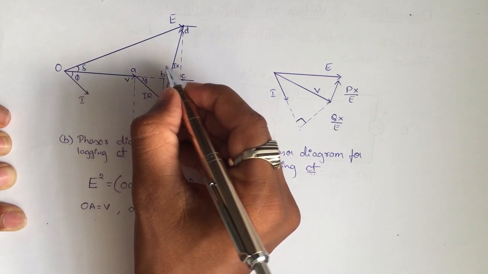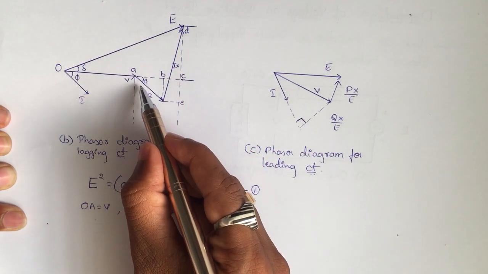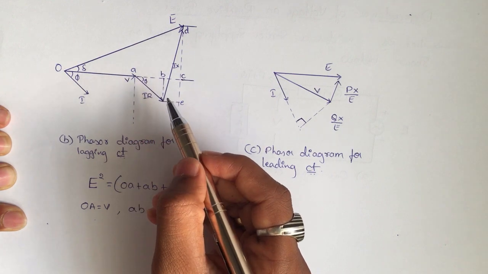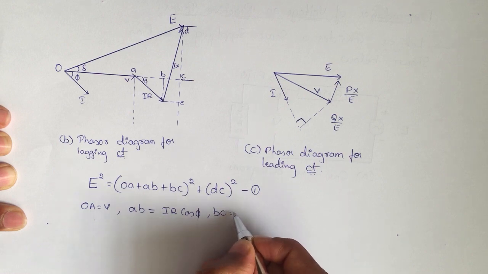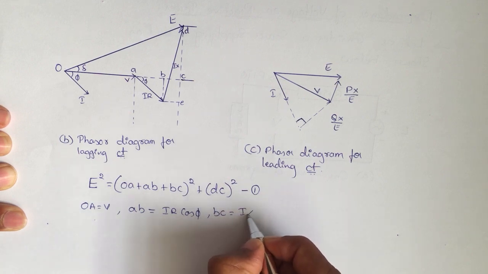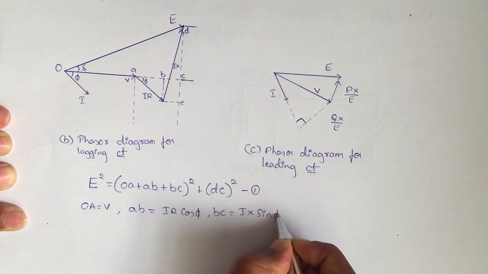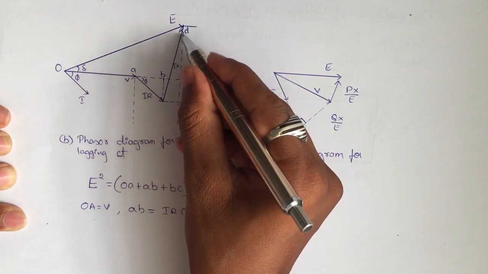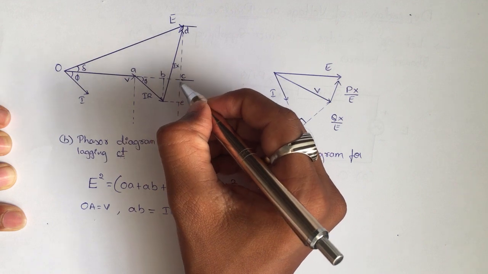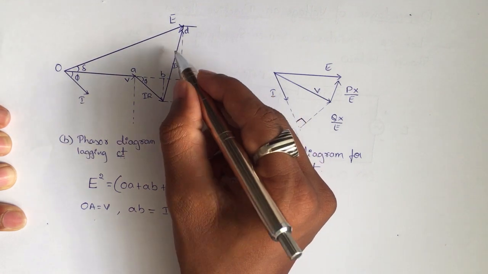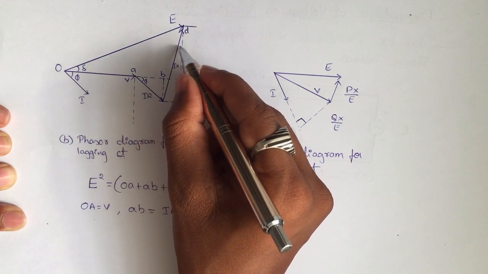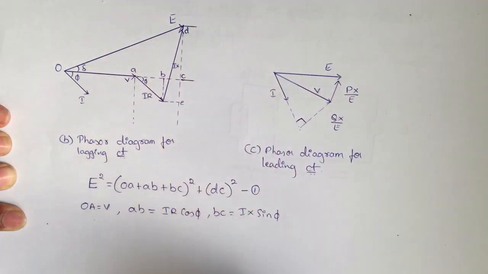To find out AB, IR into cos phi leads to AB, and BC is equal to IX sin phi. IX is the hypotenuse here, and the angle subtended here is phi. So we will have BC as IX sin phi.